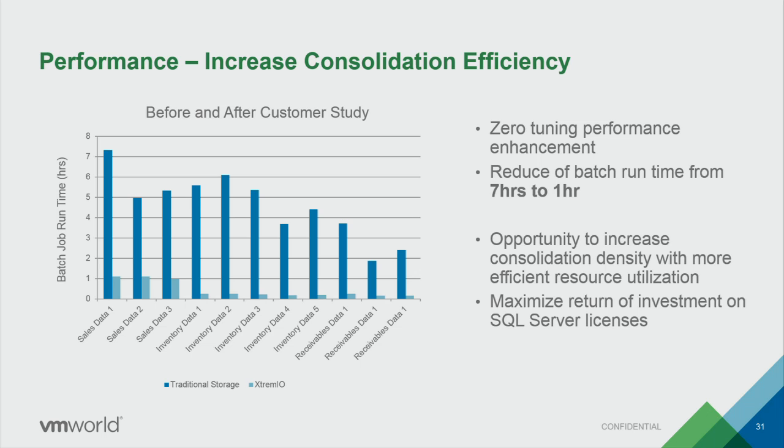And really that opens up a lot of opportunities for them. Now that they have 6 hours of compute resource, they can repurpose it for other uses. They can run more workloads, and they can even maximize their investment in SQL Server licenses by spinning up additional SQL Server VMs.